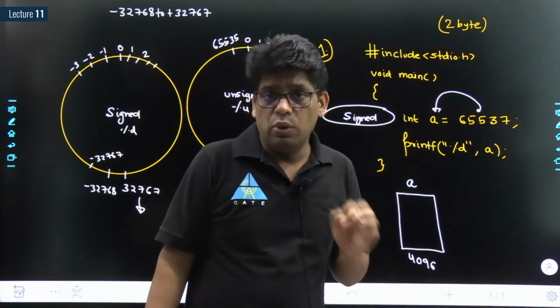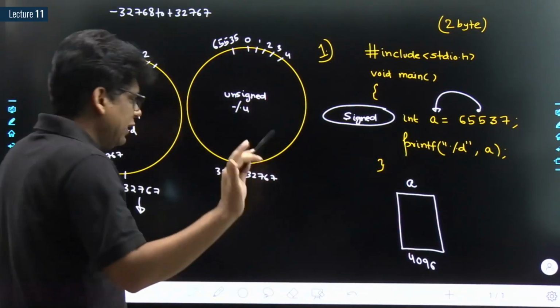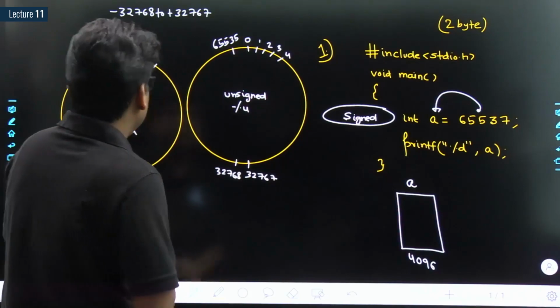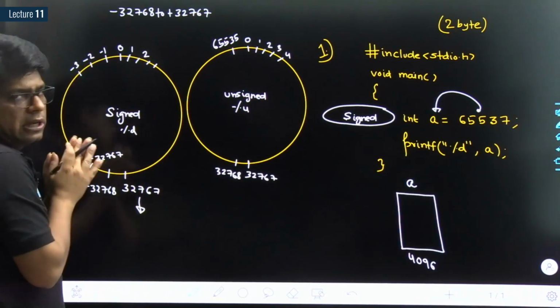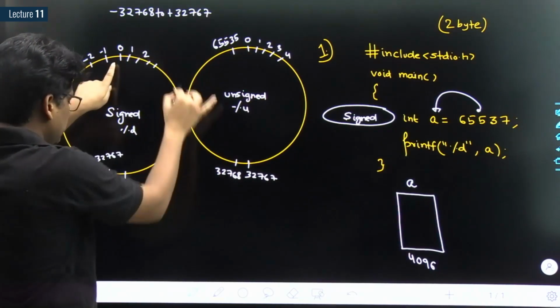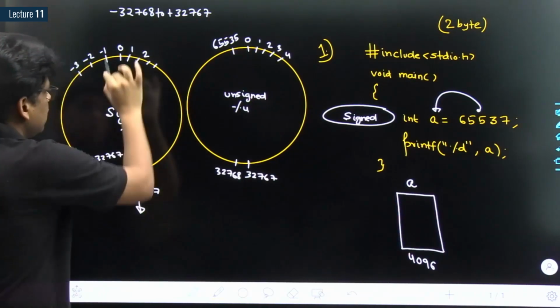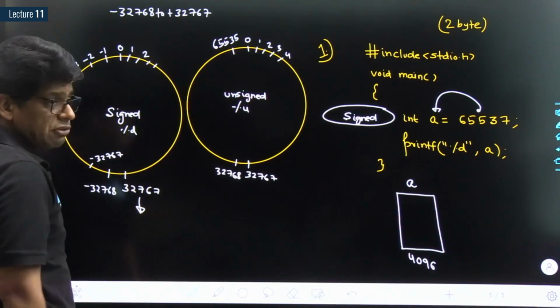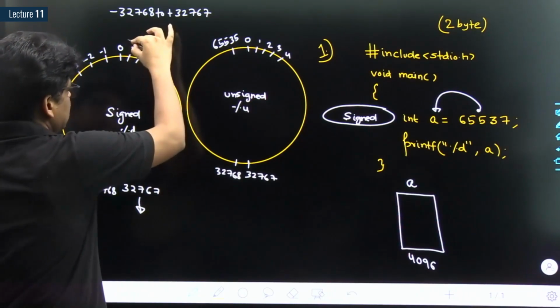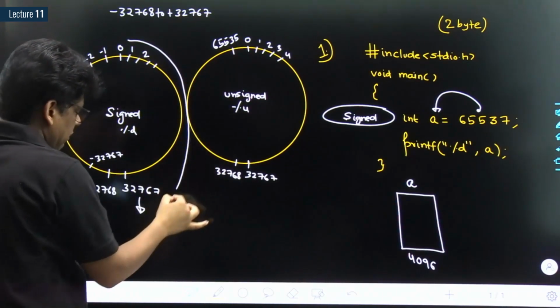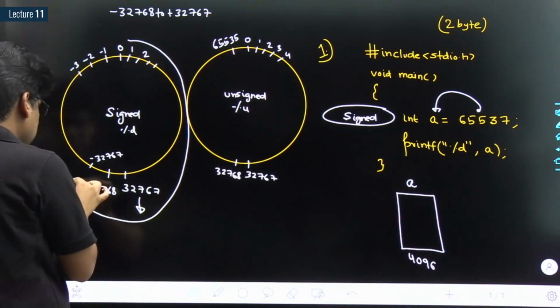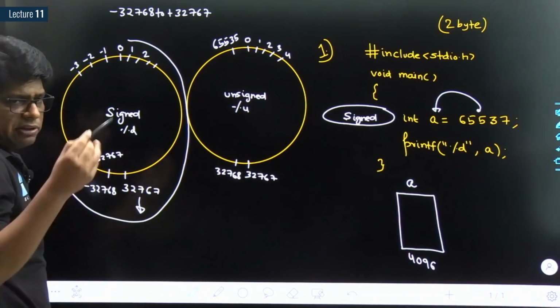No. Sir, what happened? Try to understand. Sir, we have to follow this circle. Okay. Sir, from 0 till 32767, it goes like this. For a positive number, we need to move like this, of course. Sir, 32767, okay.